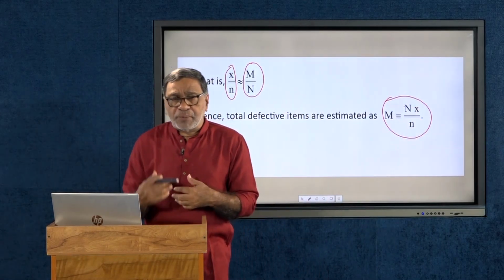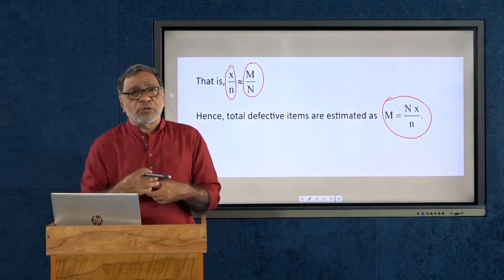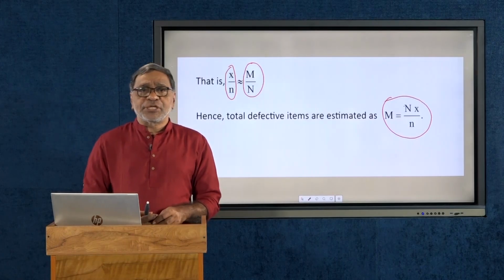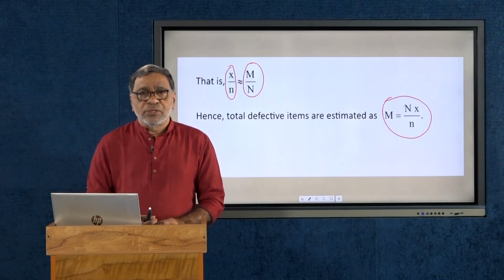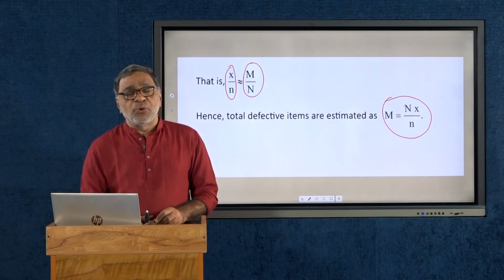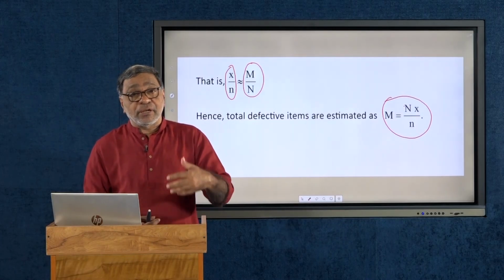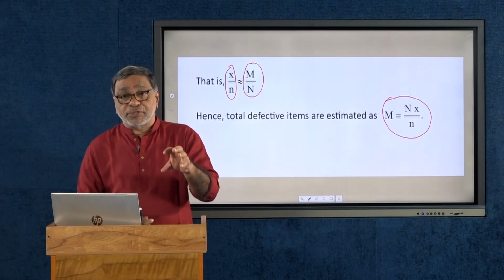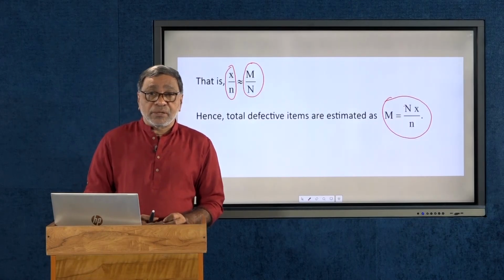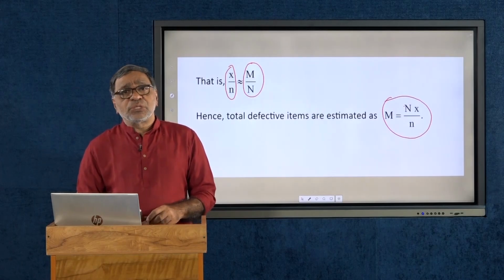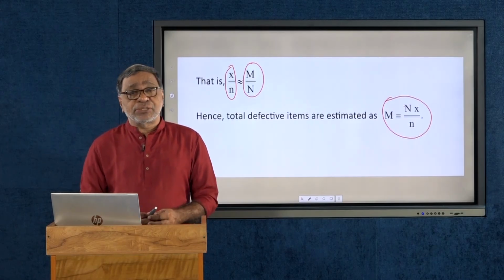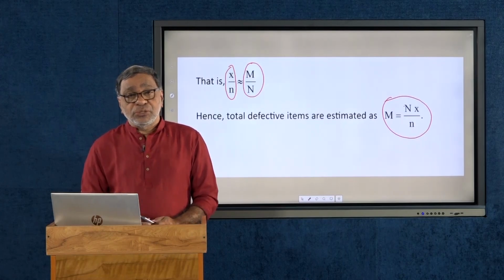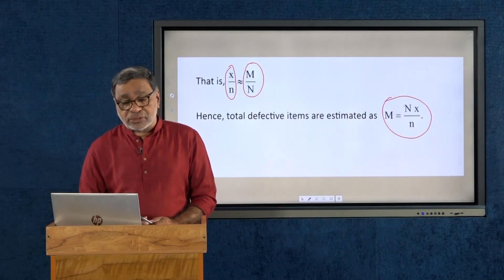So this is the usual practice followed to identify the total defective items produced by a production unit in a manufacturing unit. Or suppose we are interested to know the total number of animals in a forest, or the total number of a particular species in a forest, etc. So these are some applications usually used in practical situations based on the hypergeometric concept.